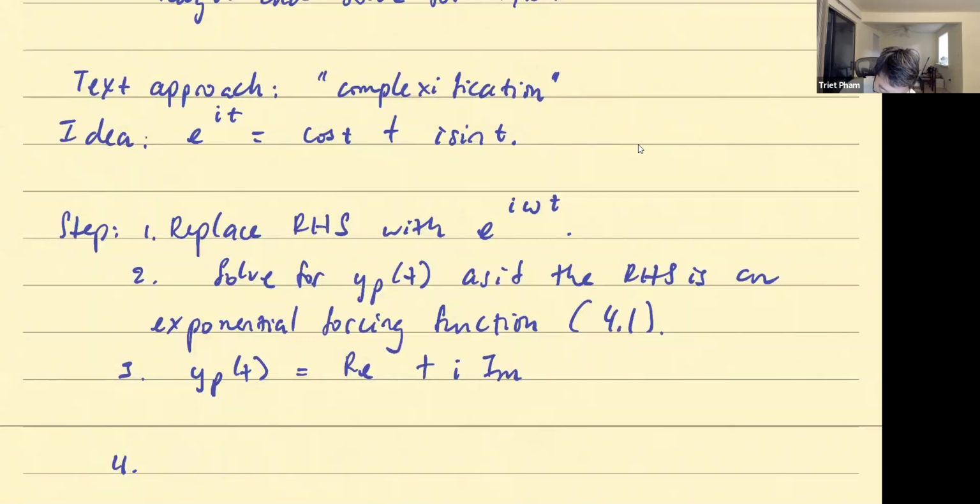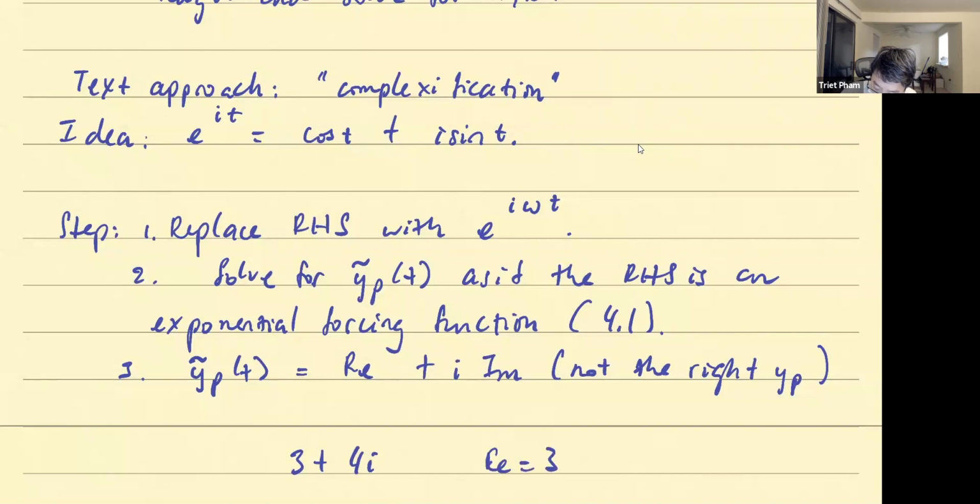Let me say this: maybe solve for y tilde. So this is not the right solution, not the right yp. These are in-between steps. RE means the real part, and IM means the imaginary part. For example, when I write 3 plus 4i, then RE is 3 and IM is 4.